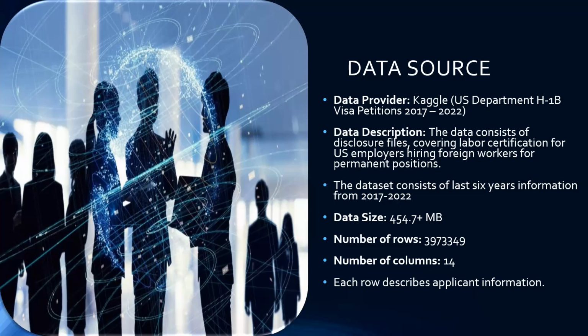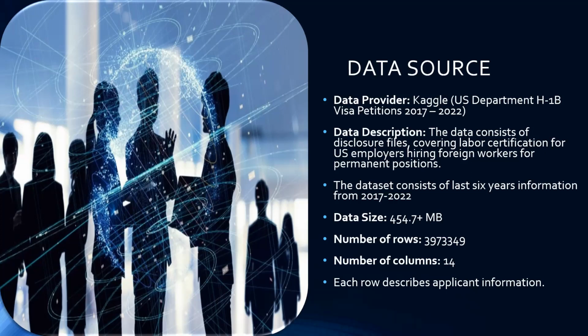Here is the description of the data. It consists of disclosure files covering labor certification for US employers who are hiring foreign workers for permanent full-time positions. As I told you, the data is for the last 6 years, from 2017 to 2022.